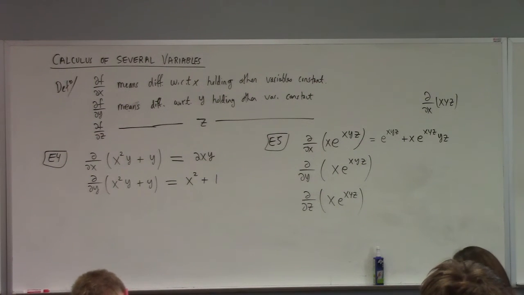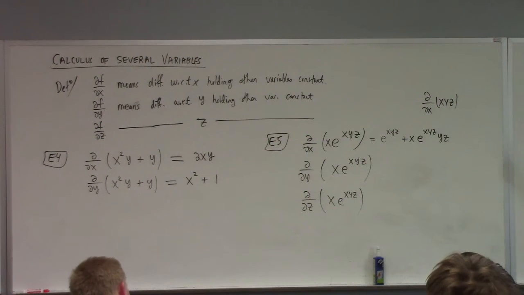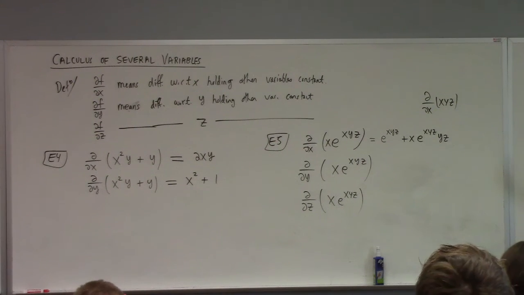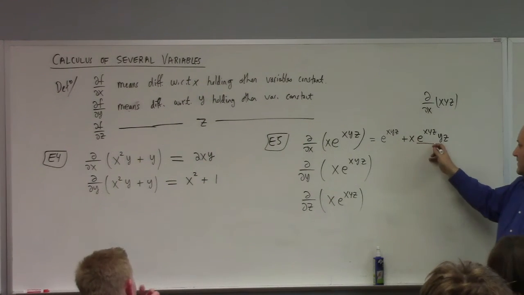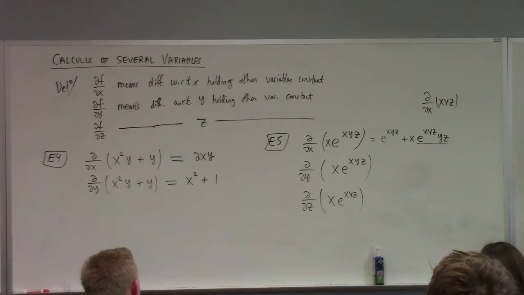What's going on here is product rule. The partial derivative of x with respect to x is just 1. So I get that times e to the xyz, plus x times the derivative of e to the xyz, which because of the chain rule brings down a yz here.